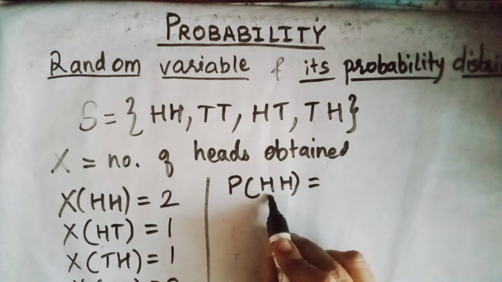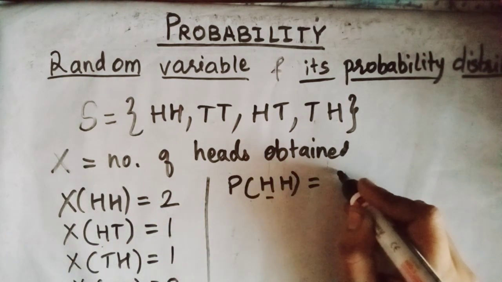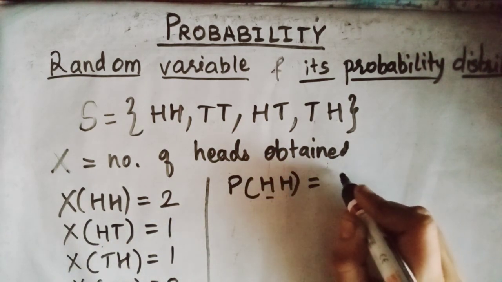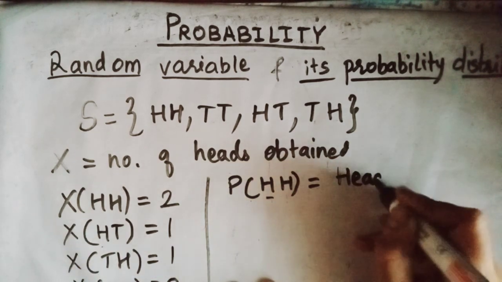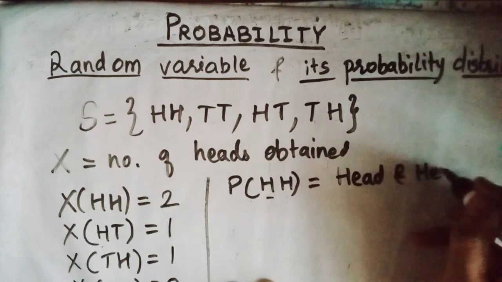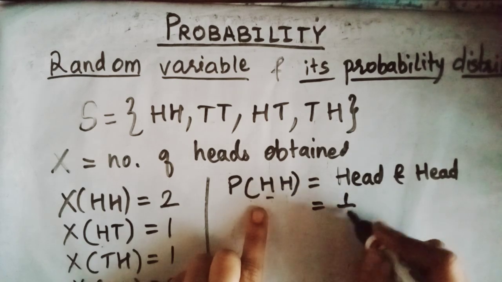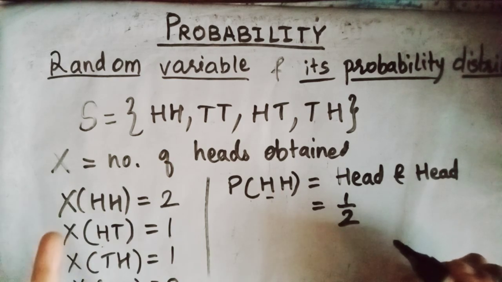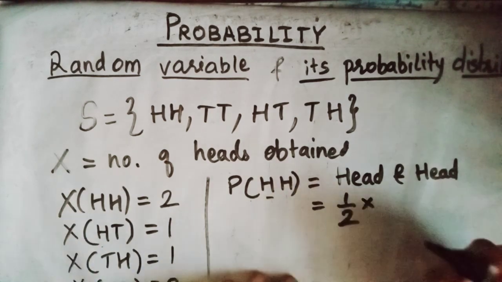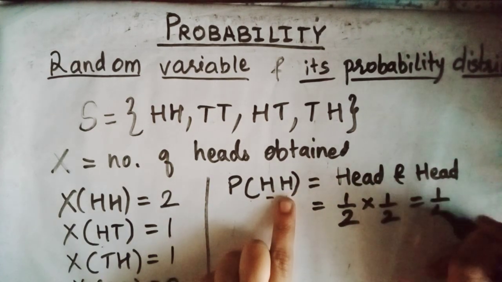For the first toss I am getting head, and then head again. So this will be half, as we are tossing a coin for the first time, the probability of getting a head will be half, into again you are getting head, so half. So it is 1 by 4.